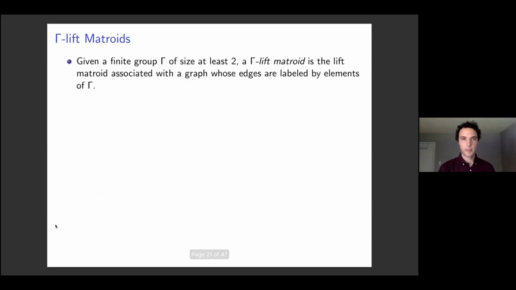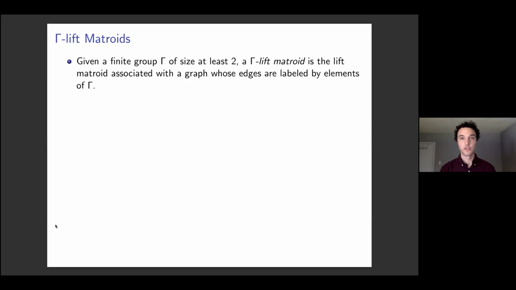Here's the second, the gamma lift matroids. Okay, so again, these coincide with the class of graphic matroids when gamma is trivial. So I'm just going to define these when the size of gamma is at least 2. So a gamma lift matroid is the lift matroid associated with the graph whose edges are labeled by elements of gamma.